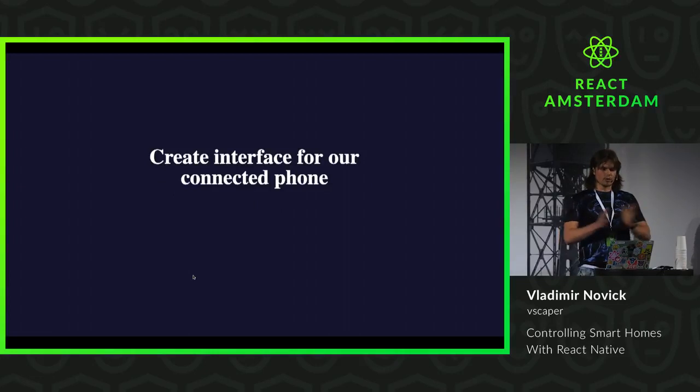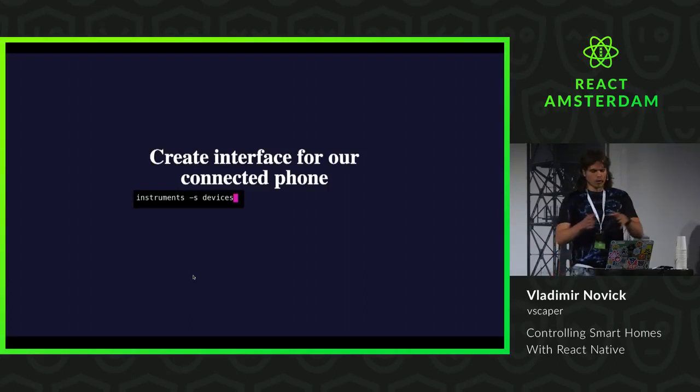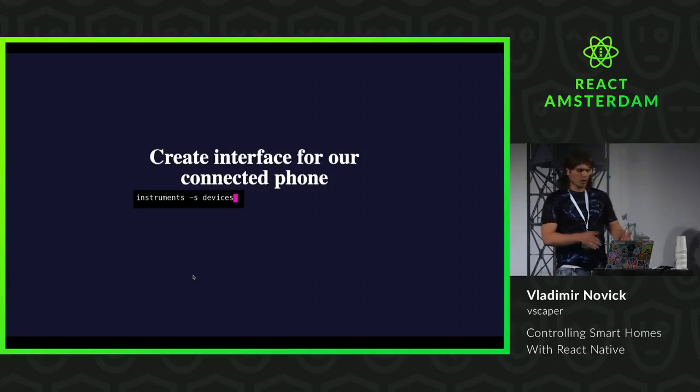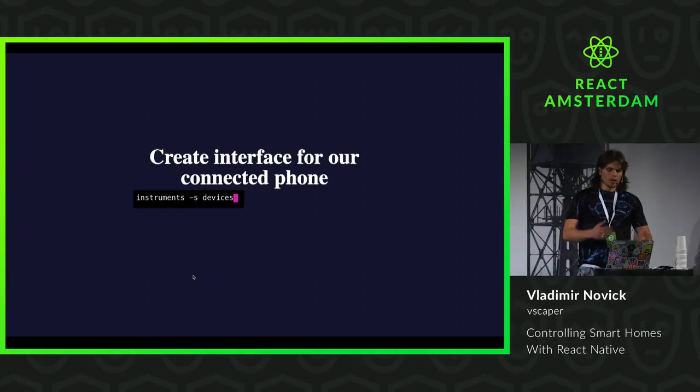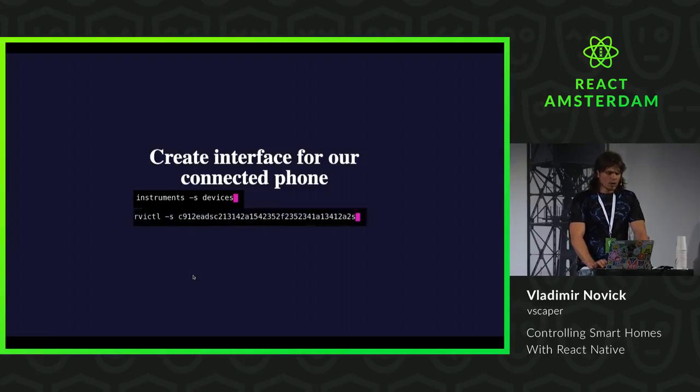So first of all, we need to sniff the network while our phone is connected. To do that, we create an interface by running instruments. We're talking mostly about Mac and iOS, but different techniques also apply to Android. We can sniff packets through Wireshark. We run instruments -s devices.